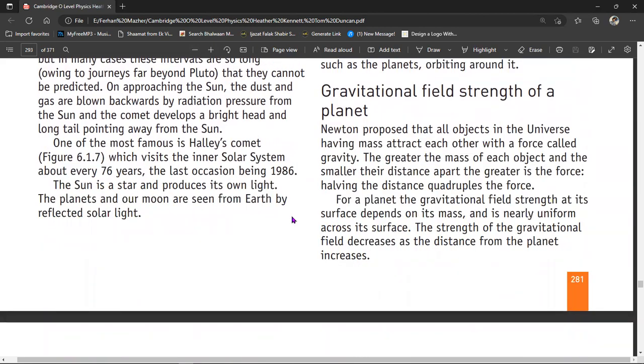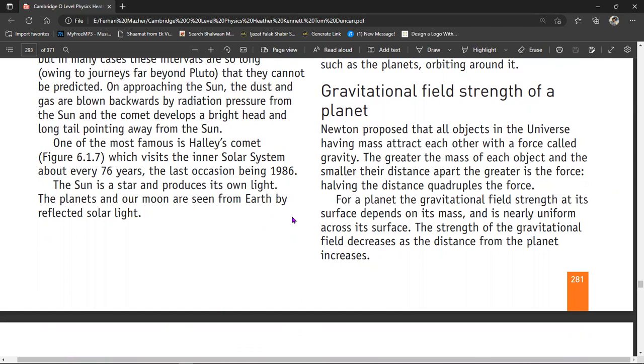Gravitational field strength of a planet. Newton proposed that all objects in the universe having mass attract each other with a force called gravity. The greater the mass of each object and the smaller their distance apart, the greater is the force.